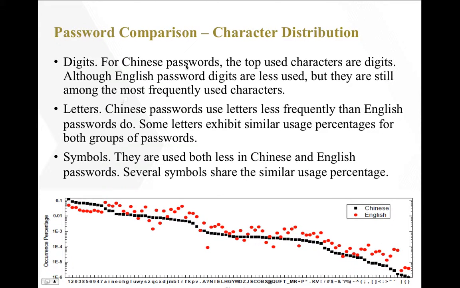The second comparison is the character distribution. Passwords can include digits, letters, and symbols. For this chart, the red circle represents English passwords' frequency by character, and this rectangle is for Chinese passwords' frequency per character.